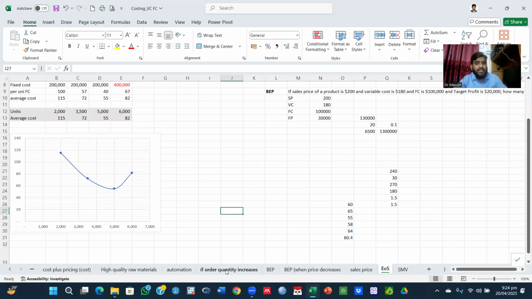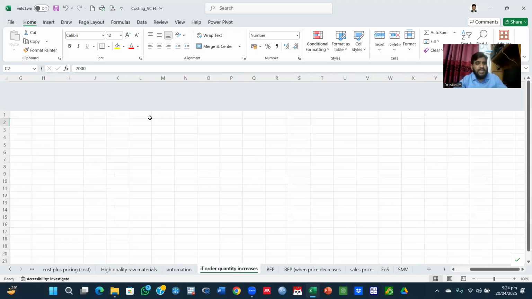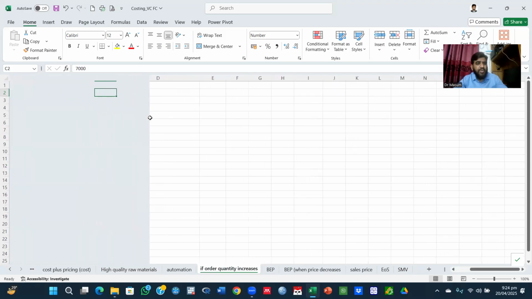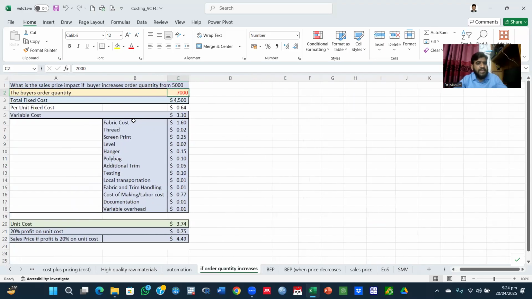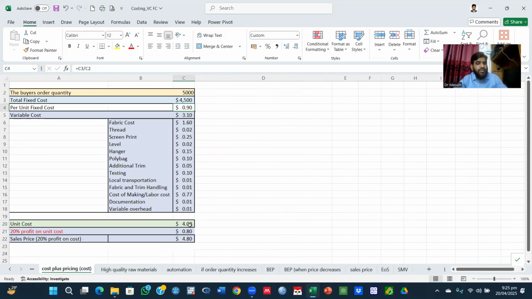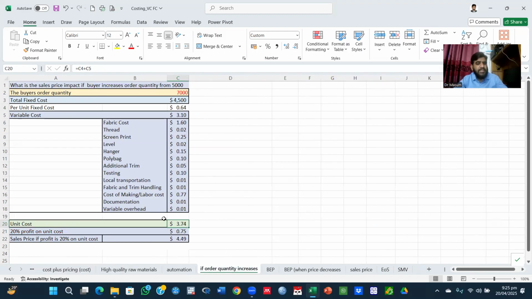So, because of economies of scale, when the order quantity is increasing from 5,000 to 7,000, your unit cost declines to 3.74, and it was 4, and it declines to 3.74.